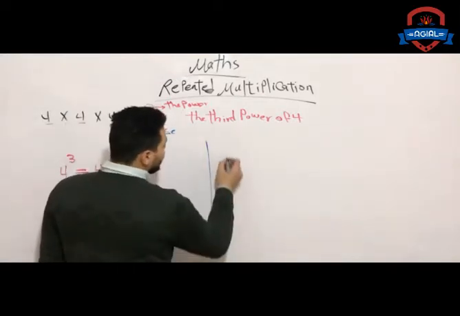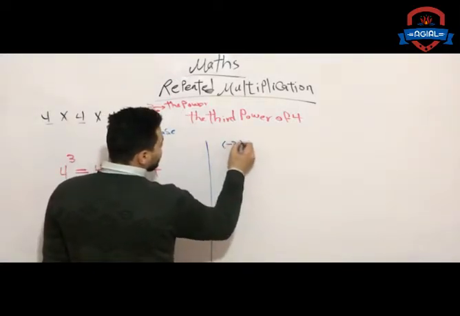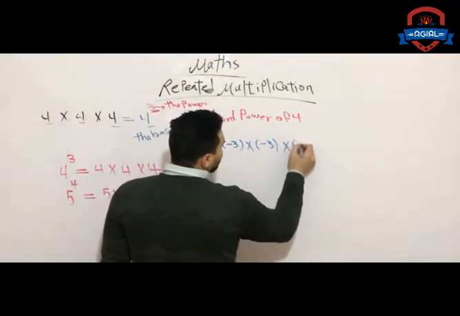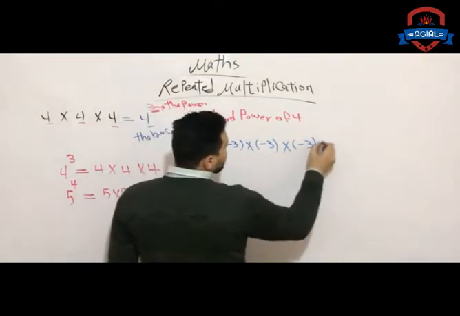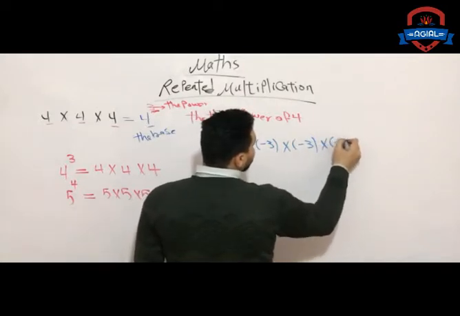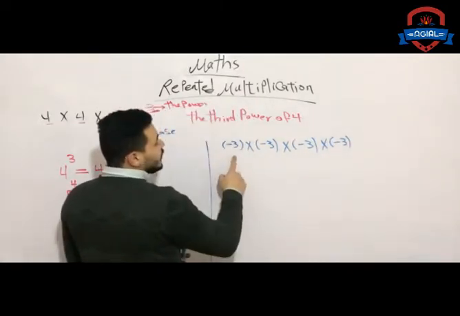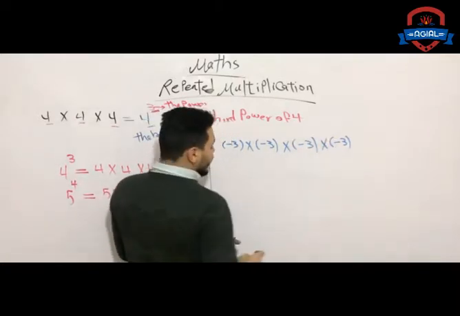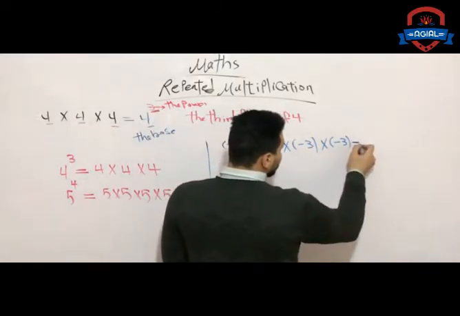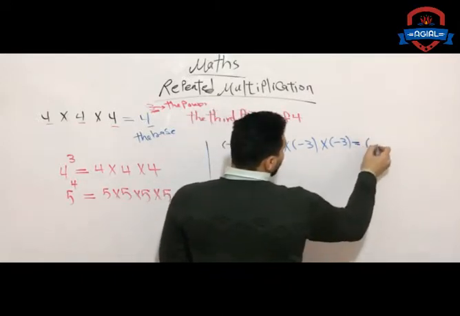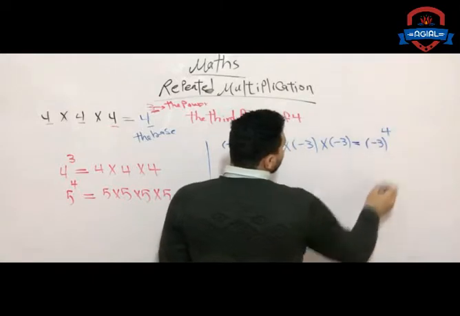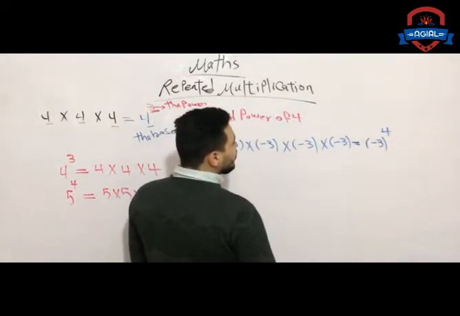And if we have another example, -3 times -3 times -3 times -3, it equals -3 to the power of 4.